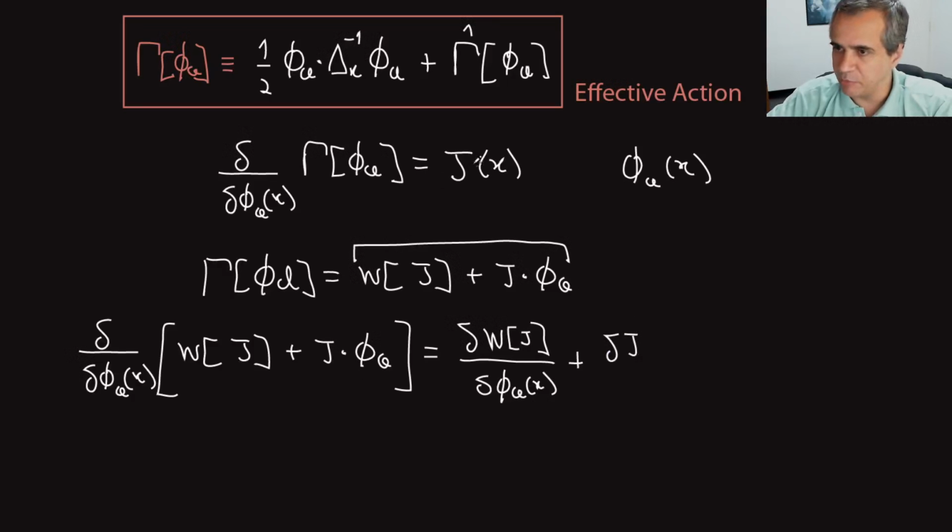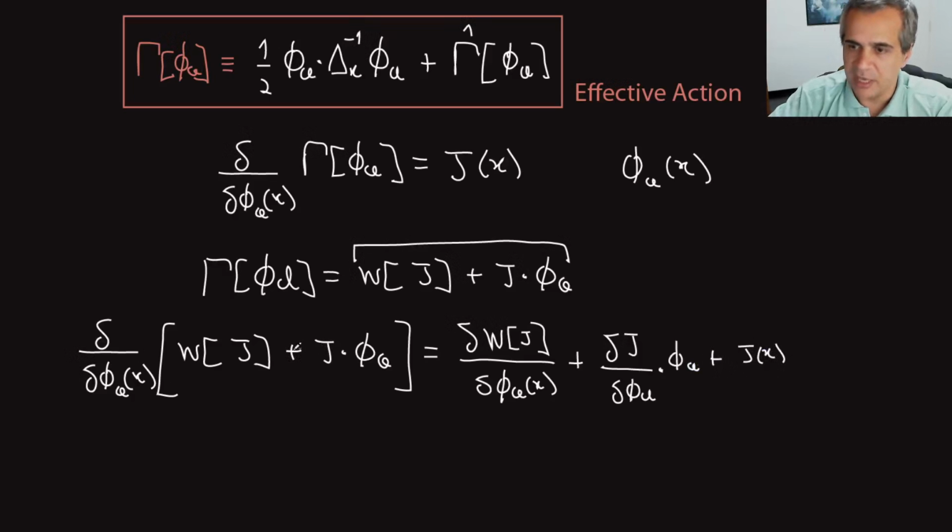Remember, they are not independent because they are conjugate variables in the Legendre transform, times phi classical, plus J of x. So I have to act with this derivative in J, and then this derivative on phi classical. The second one just gives me J of x, and the first one is this.